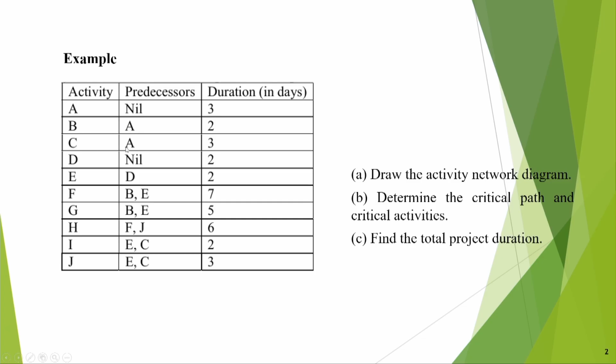Activity C can start only when activity A has been done, and activity D does not have any predecessor. That means it can move independently. Like that we have made this list. Activity J can start only if E and C both are complete. Activity I can also start only when E and C are complete, and the activity durations in days have been given.